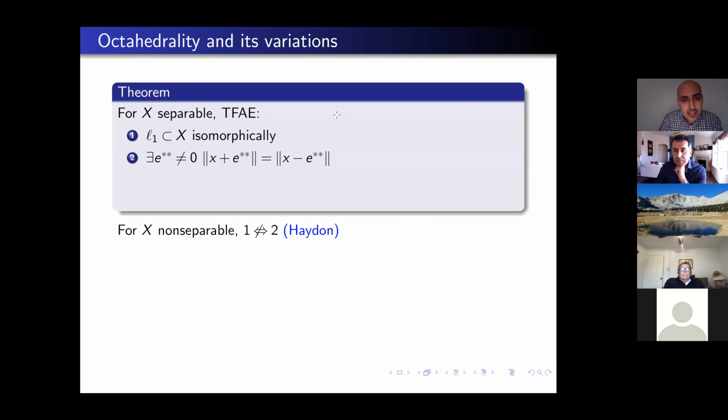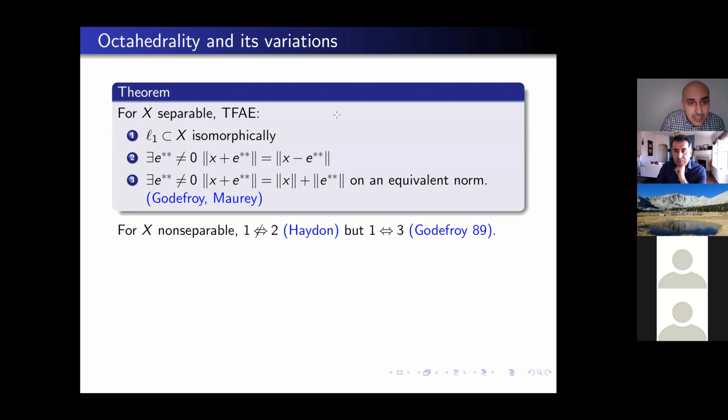Okay, so this is Morey's statement, and I would add here a later result by Godefroy and Morey. Morey's result characterizes the presence of L1 through an isometric property that talks about an element in the bidual.